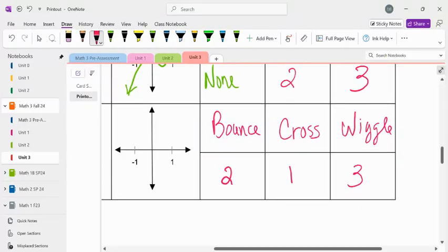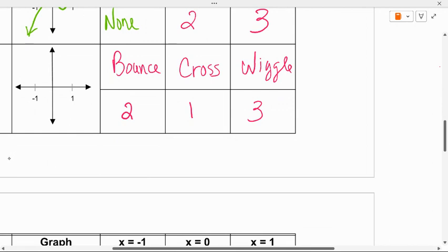So let's see. My graph does a bounce and then a cross and then a wiggle. I really am struggling with the wiggle part. Something like that.